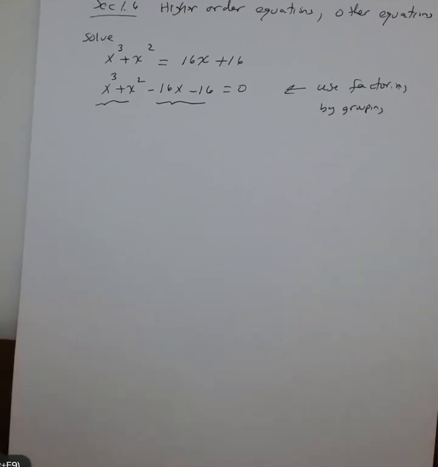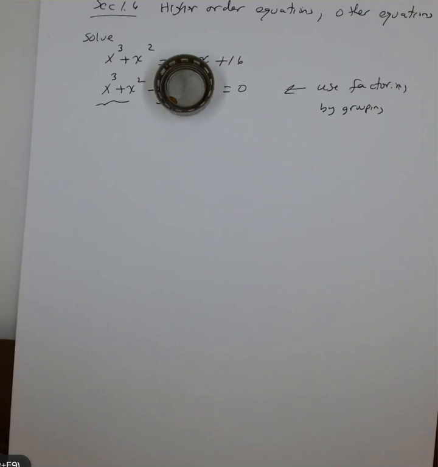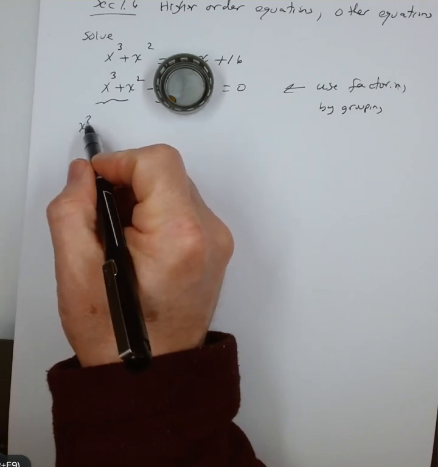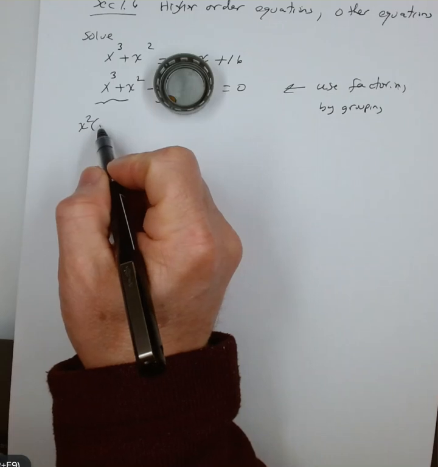So we can group the first 2, the last 2. If we look at the first 2, x cubed plus x squared, what is the GCF, the greatest common factor, of x cubed and x squared? X squared. So I can factor out an x squared. You're going to write x squared times what is x cubed?